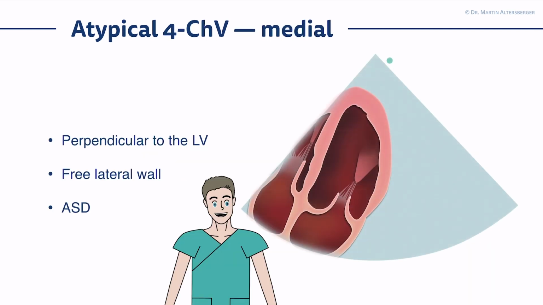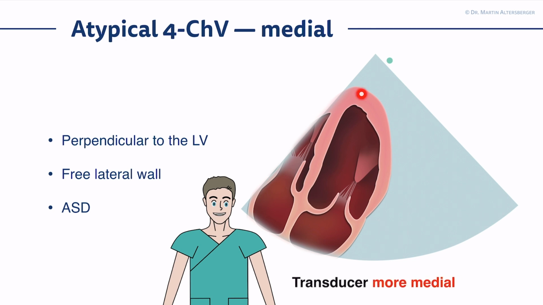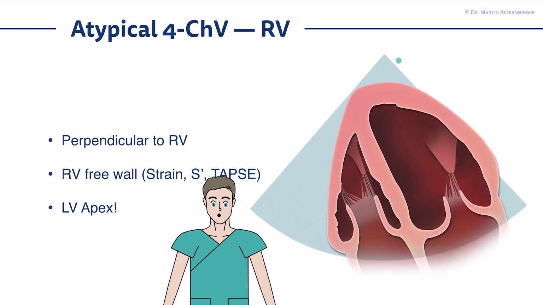So in case of the medial view, you have to really differentiate and delineate the anterolateral wall. It is good to find defects of the septum and also of the atria, because there's a little bit of tilting involved, so you see jets probably better. And of course for wall motion abnormalities.